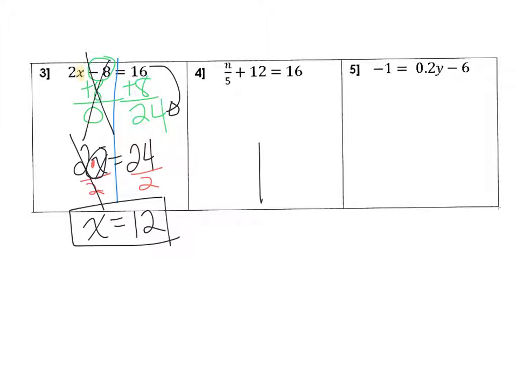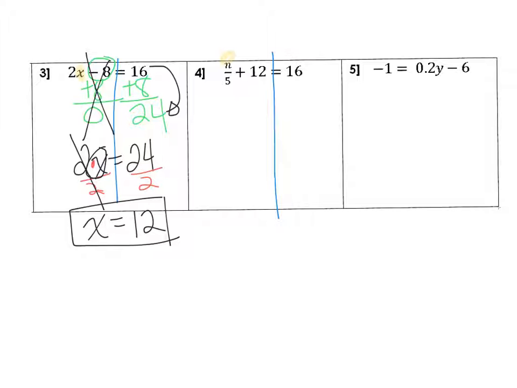On number 4, let me just erase this line here. Okay. I'm going to go ahead and split my equation into two sides. So there's my equal sign. And then I look for my variable.